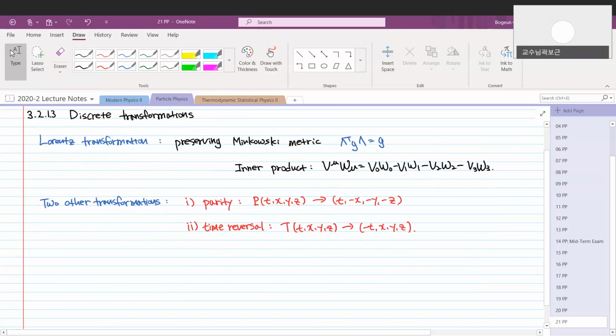You can easily show that these changes preserve the Minkowski metric and inner product.